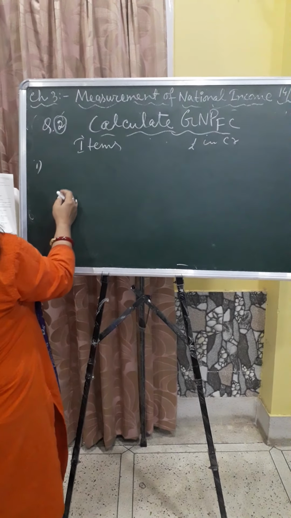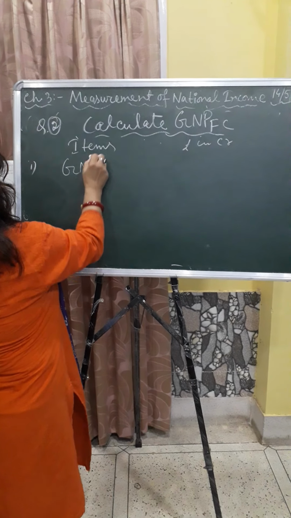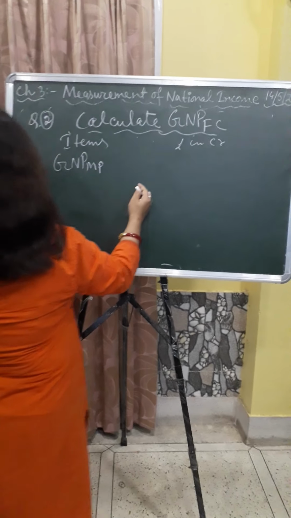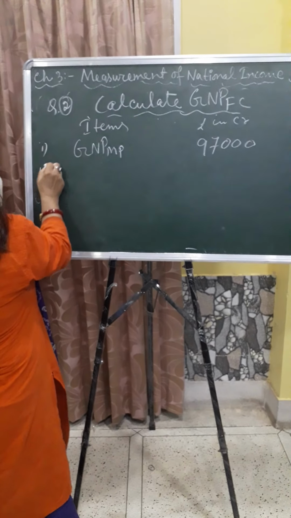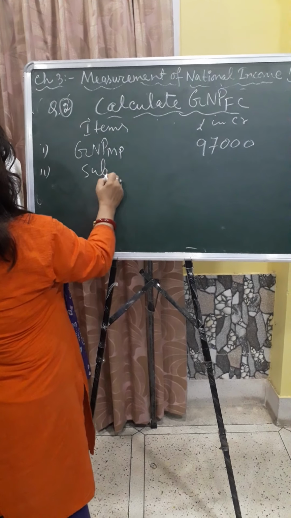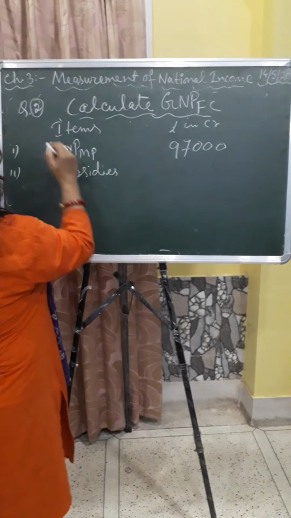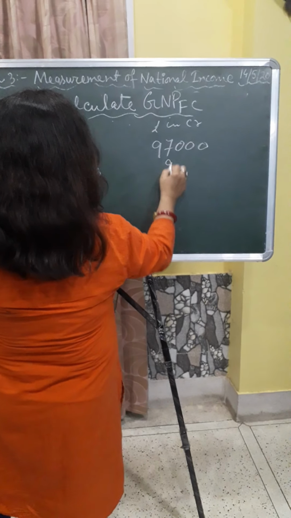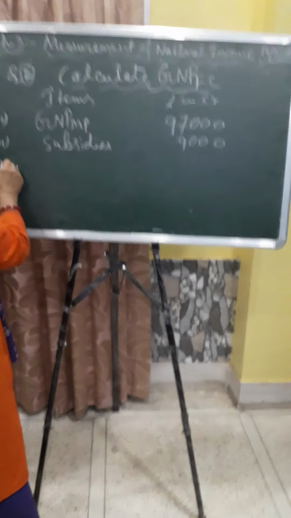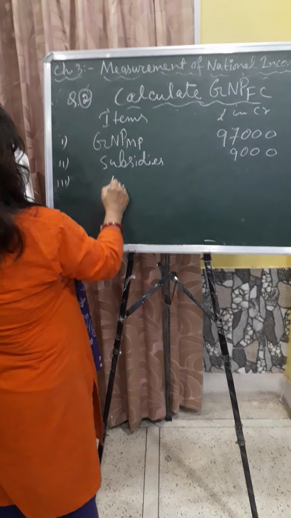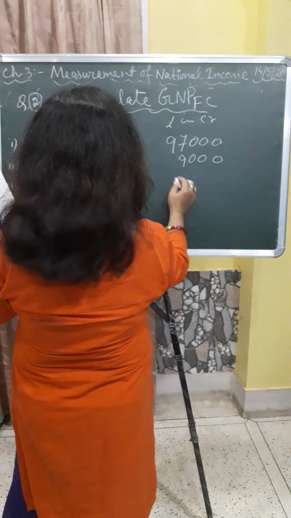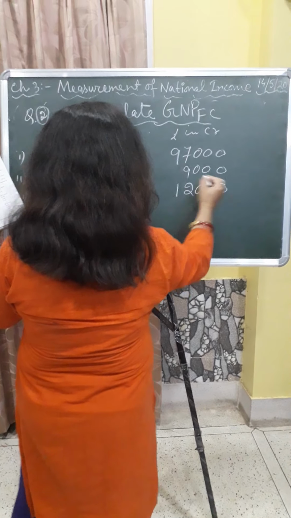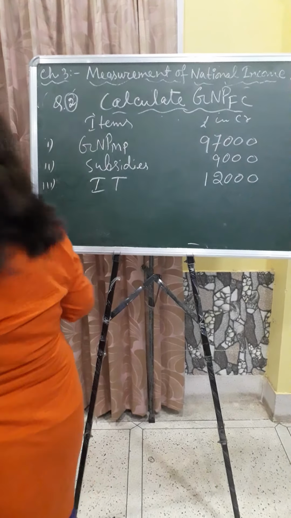Number 1, GNPMP, value 97000. Number 2, subsidies, 9000. Number 3, IT, which means indirect tax, 12000. These are the variables and these are the values.